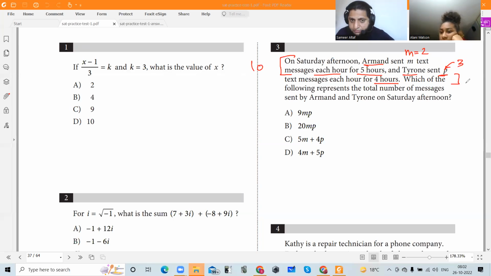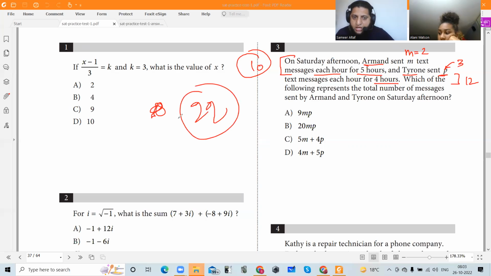So what's the total? 12. So what's their total, Armand and Tyrone? 10 plus 12, 22, exactly. So we need the answer as 22 for m equals 2 and p equals 3.